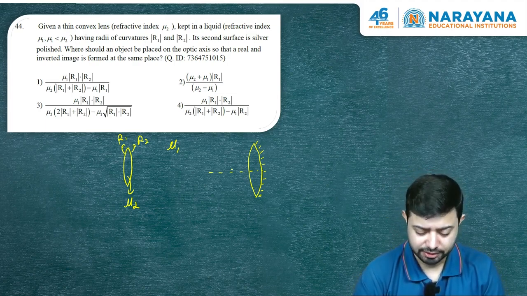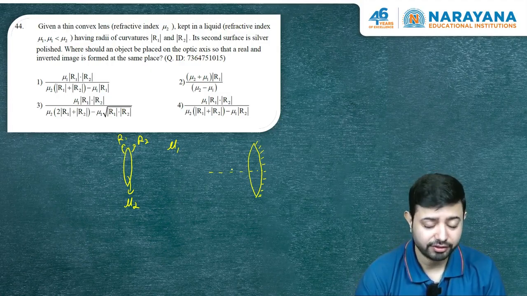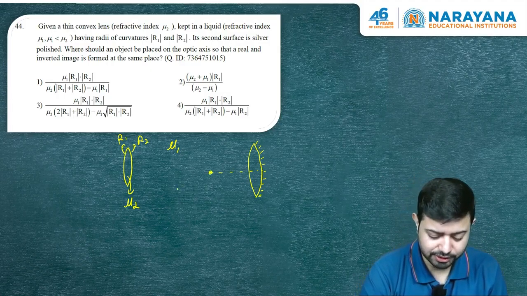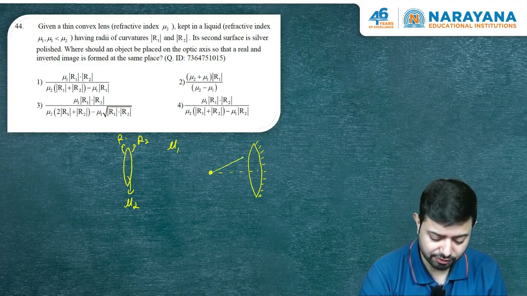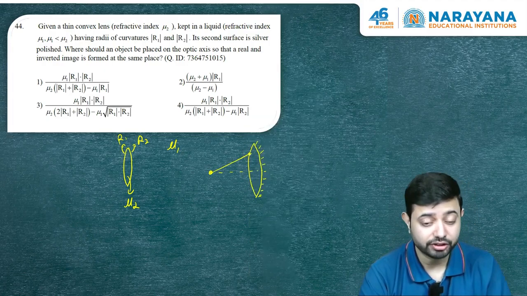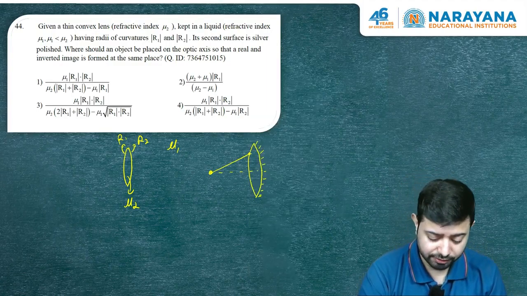But I will suggest a very easy method. If you place some object and it goes for refraction from the spherical surface, it will bend towards the normal, because it is going into an optically denser medium. When it bends, it will then hit the mirror.